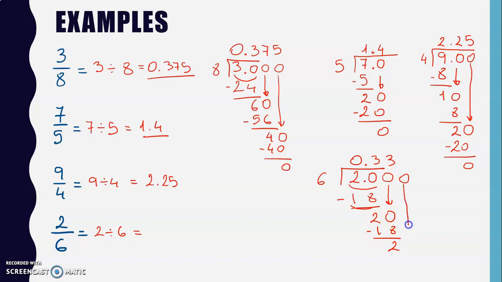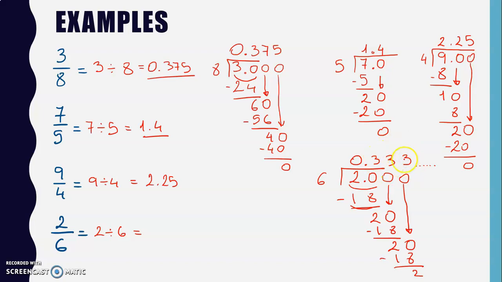We can continue, but we see that each time the number of times 6 fits into 20 is 3. Okay, and 6 times 3 is 18, and we notice that we always end up with a remainder of 2. And this will go on forever and ever.